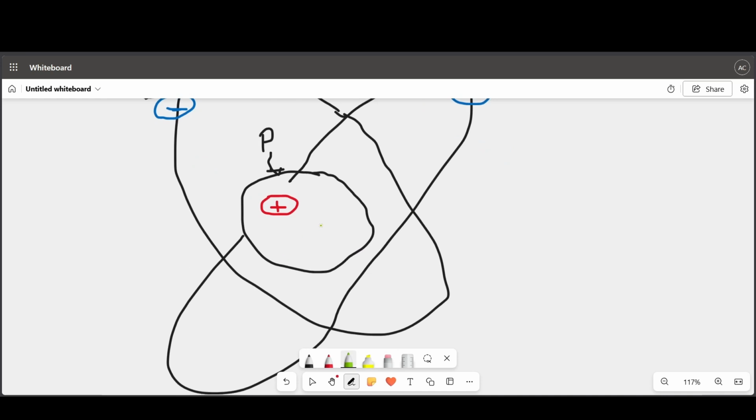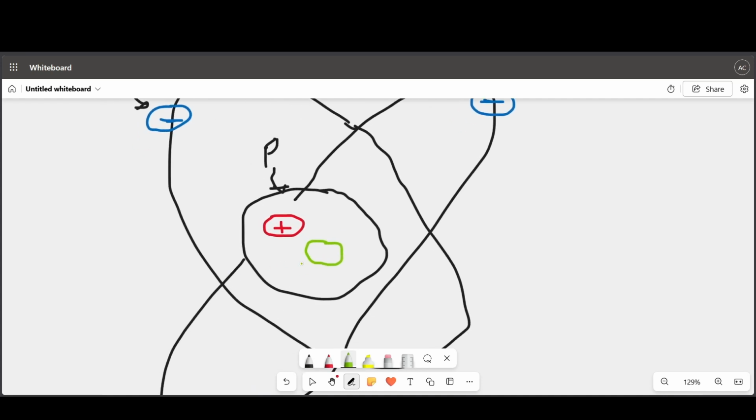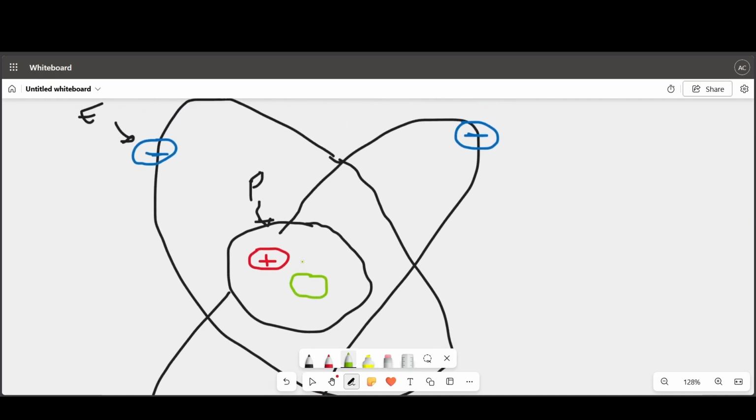I'm sorry about that. So this is the next particle that we're going to be discussing that is inside the nucleus of the atom, which is a neutron. And the neutron, I can't really add another sign right here because the electrical charge of the neutron is a neutral charge. So we're just going to leave it blank as it is.